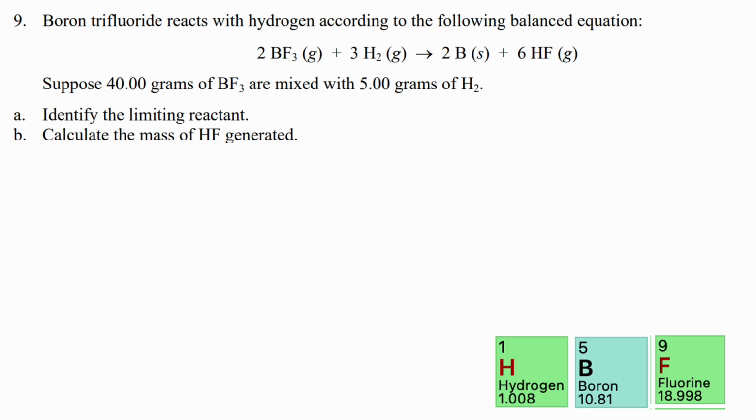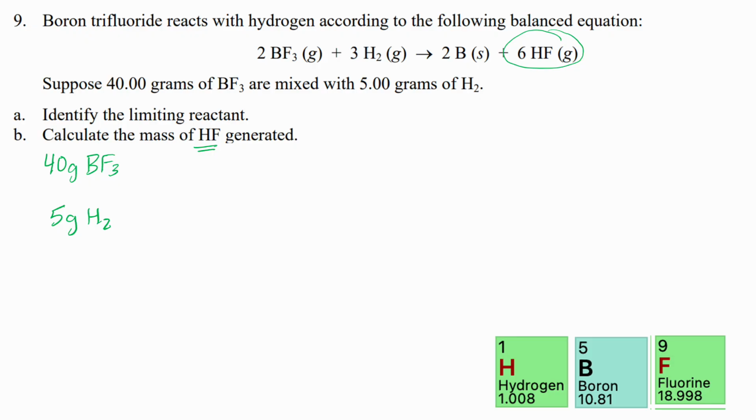Now, because part B says it's solving for HF, make sure for A you are solving into HF so that you do not have to redo your math to solve for part B. So again, just like in the previous problems, we're going to start with what we're given. We're given 40 grams of BF3, and we're given 5 grams of H2.